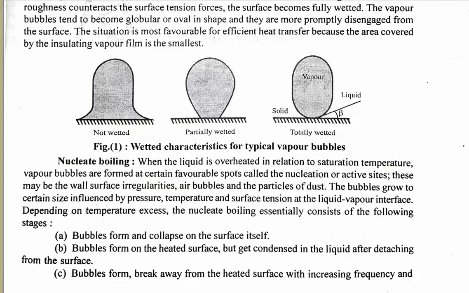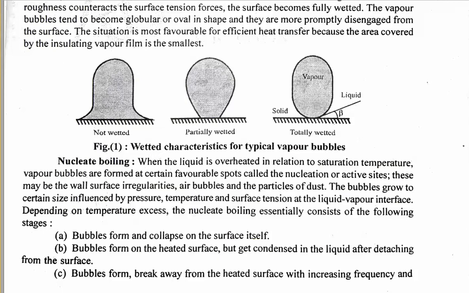When the liquid is overheated in relation to the saturation temperature, vapor bubbles are formed at certain favorable spots that are called nucleation or active sites.